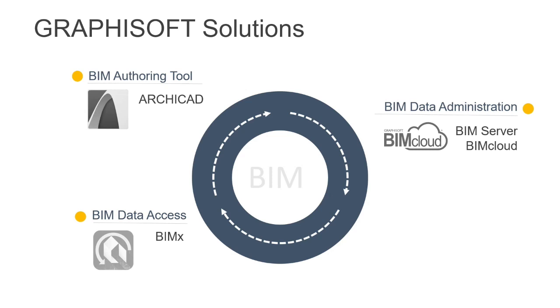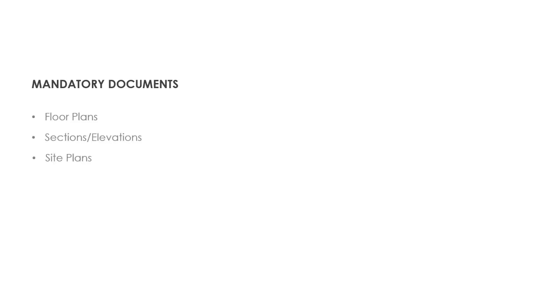Now, speaking about BIM models and BIM in general, this is something very much talked about in the industry, but not always very much understood. So when it comes to 2D and 3D architectural visualization, the most important thing is that design visualization is a tool for one thing: communication. Now, how is the design visually communicated? Architects, designers, and engineers express the design through mandatory documents. What are mandatory documents?